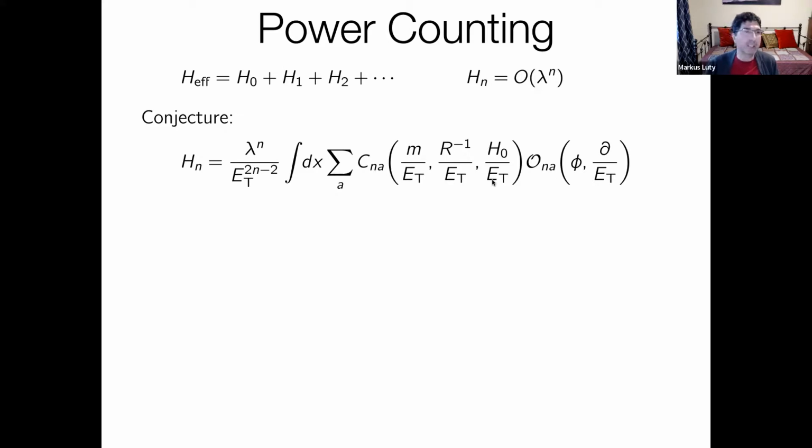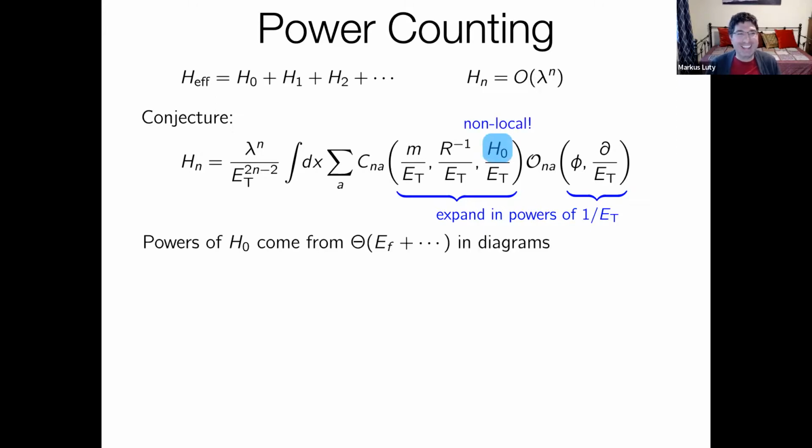That's why this is not a crazy non-local theory, hopefully, okay? And so let's just write out the first few terms. This is the point I've been trying to make, is that all these weird features are just there to match the fundamental theory, and they're under control in a systematic expansion in powers of 1 over ET, okay? All right, so there's the non-locality, okay.